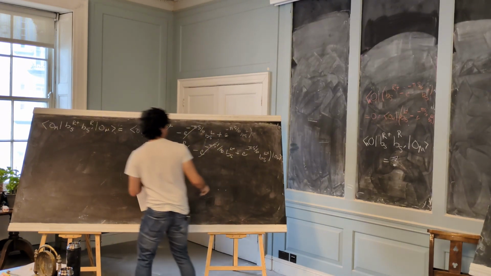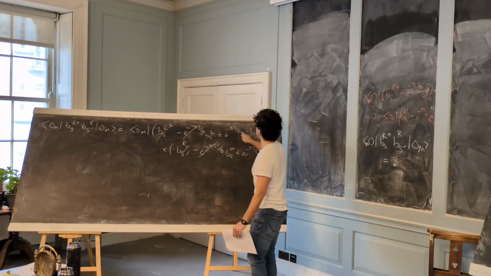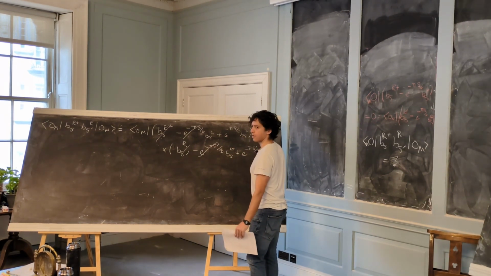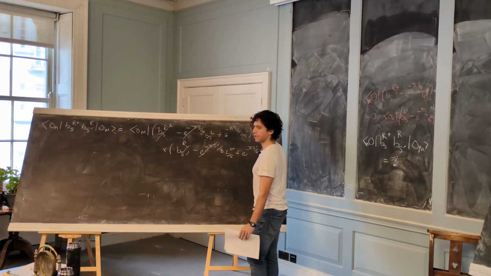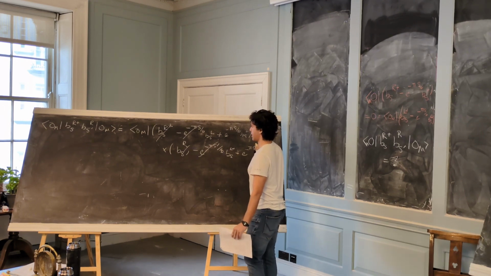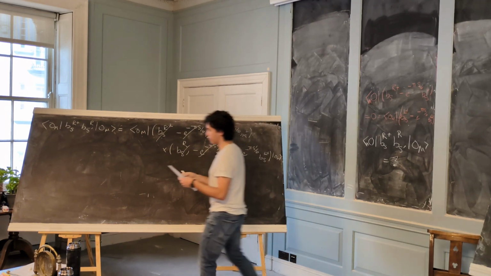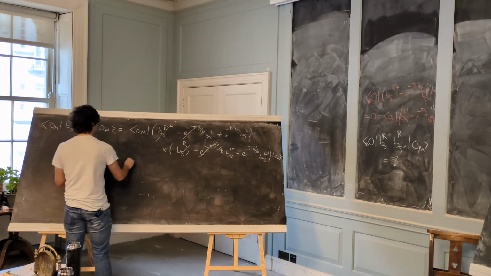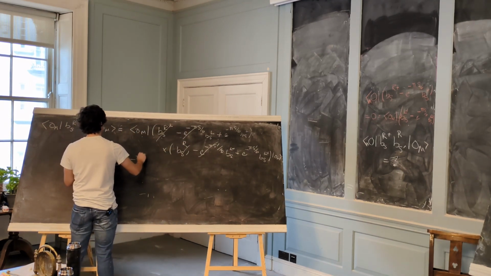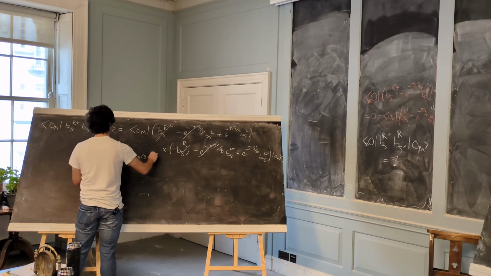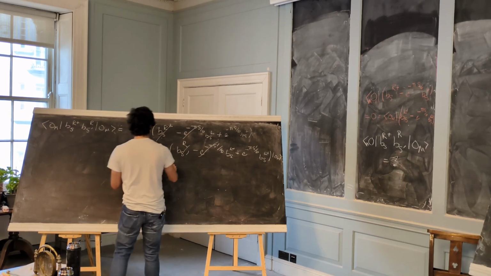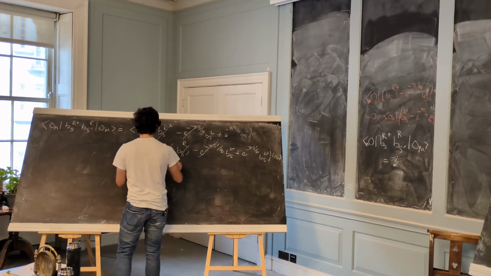Okay? So now I have a proportionality constant, but now I have b_s^L, b_s^R dagger, b_s^L dagger, right? And then I should use the canonical commutation relation to commute those. So I'll get e to the minus pi s plus s prime over b. I'll get a delta function from commuting these two operators.